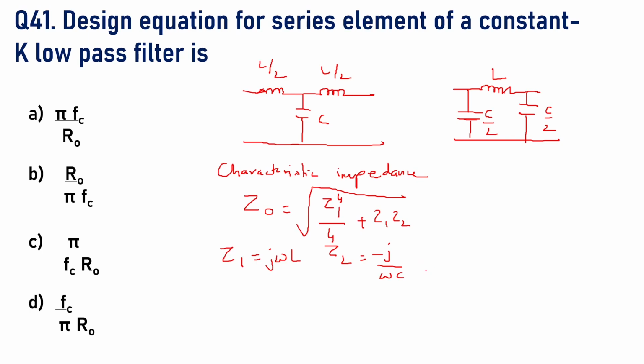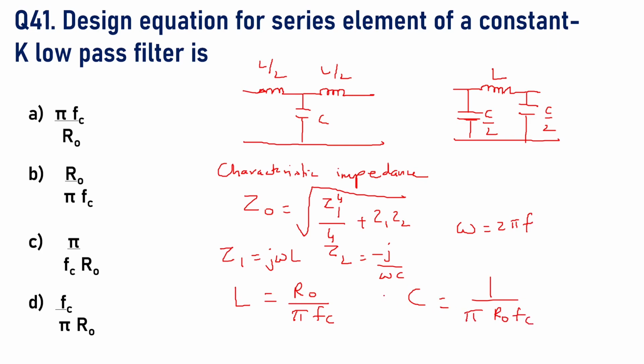So all those values you can substitute in this equation, and you can also take omega, that is angular frequency, is equal to 2 pi into frequency. After substituting all this, we can get an expression for series element inductor: L is equal to R naught by pi Fc, and C is equal to 1 upon pi R naught Fc.